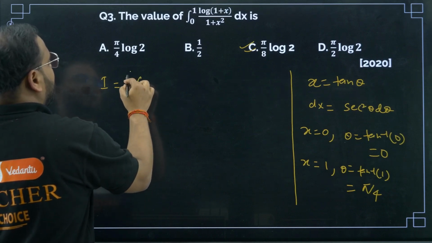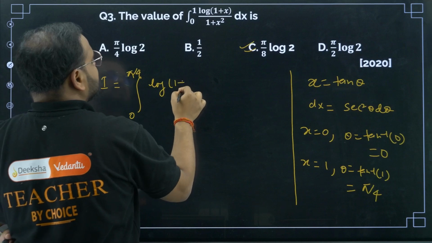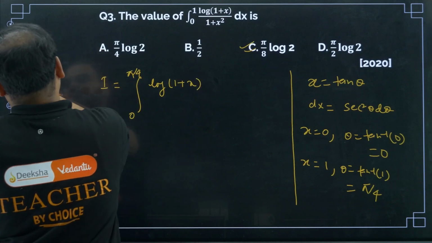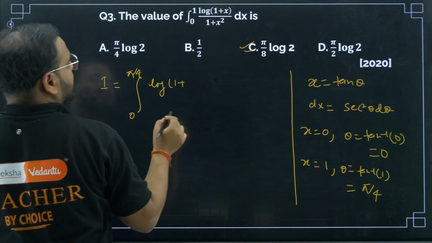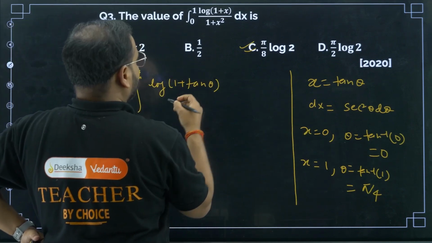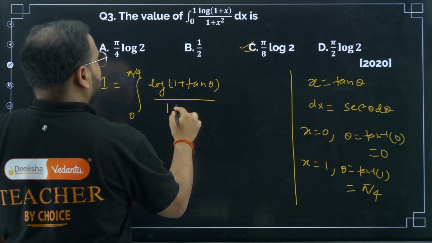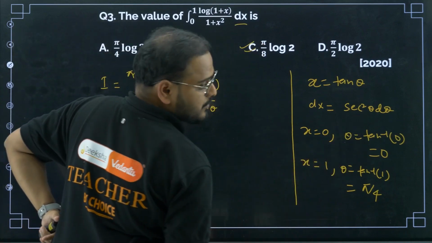So I can write I as the integral from 0 to pi by 4 of log of 1 plus tan theta, divided by 1 plus tan square theta. And dx is simply sec square theta d theta.